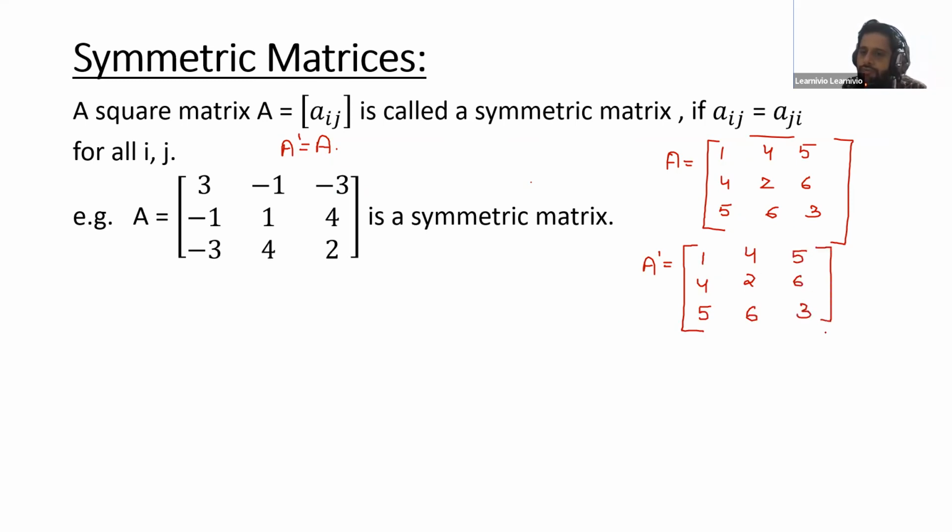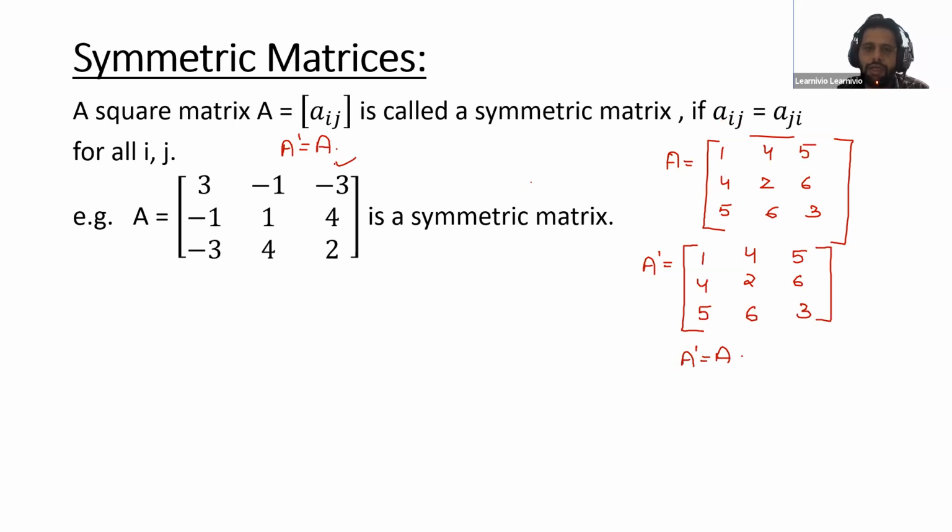Okay, now if we compare this transposed matrix with the original matrix, then we can say that A transpose is equal to A. So that's why this is called a symmetric matrix. I hope this point is clear, what is a symmetric matrix? A matrix is said to be symmetric if A transpose is equal to A, and this is the condition.